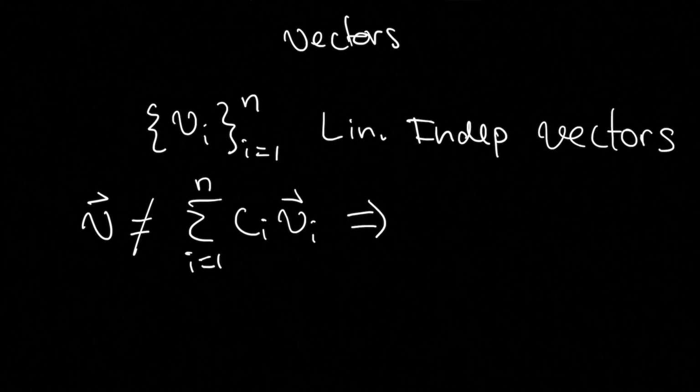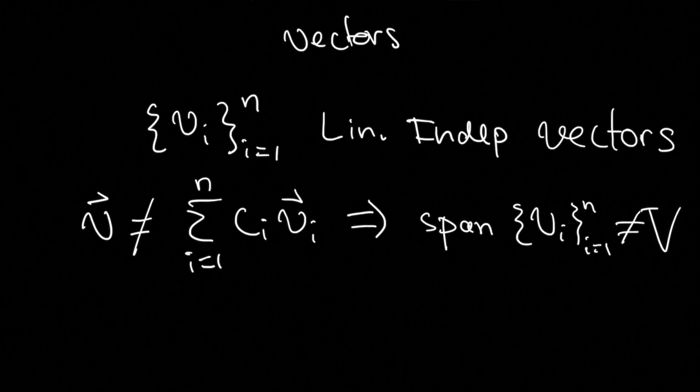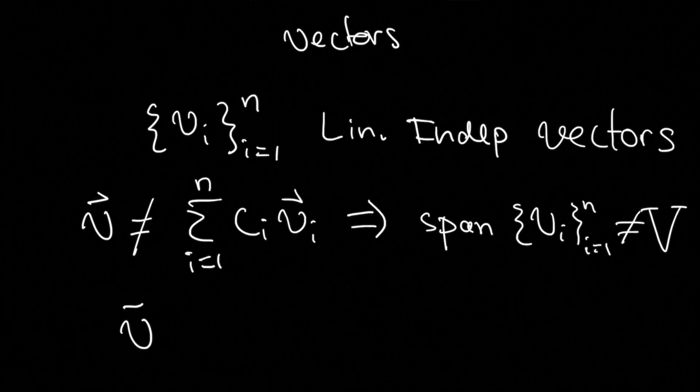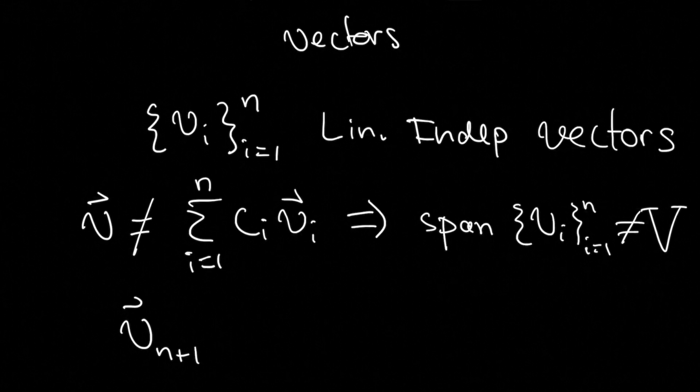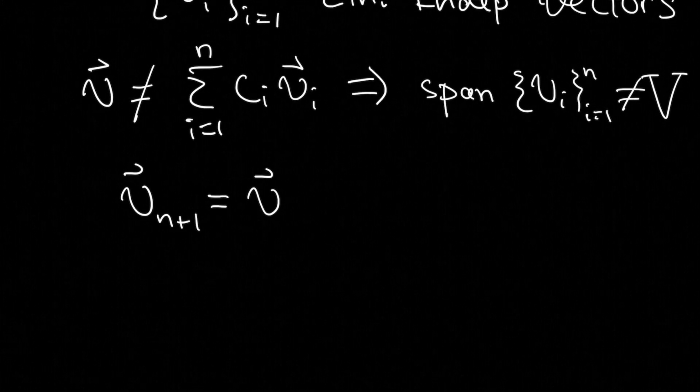If that's the case, then we would say that the span of the set does not equal the full vector space capital V. Then we should add that vector v to our collection of vectors, and then the set of vectors will be even fuller. So I'm going to define a vector v sub n plus 1 and set that equal to the vector v.